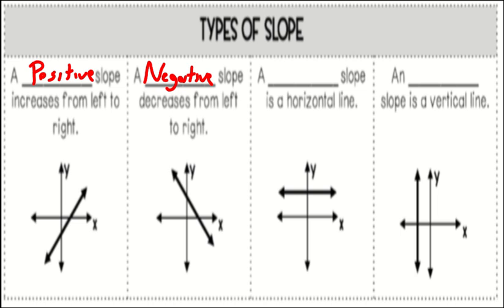All right, so now we get maybe a little trickier. If I have a horizontal line, a flat line, how steep is it? Not steep at all, right? So what number would show that? 0. So a 0 slope is a horizontal line. So if it's a horizontal line, it's got no steepness, that means it's a 0 slope, okay?